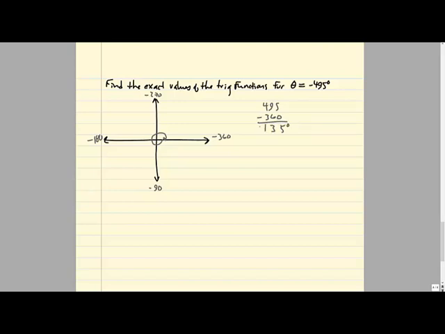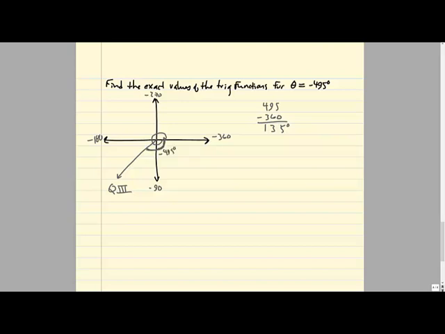So I need to keep going 135 degrees in the negative direction. So here is 90, and then I need to go another 45, it looks like, right into here into quadrant 3. So this is negative 495 degrees, the full rotation.